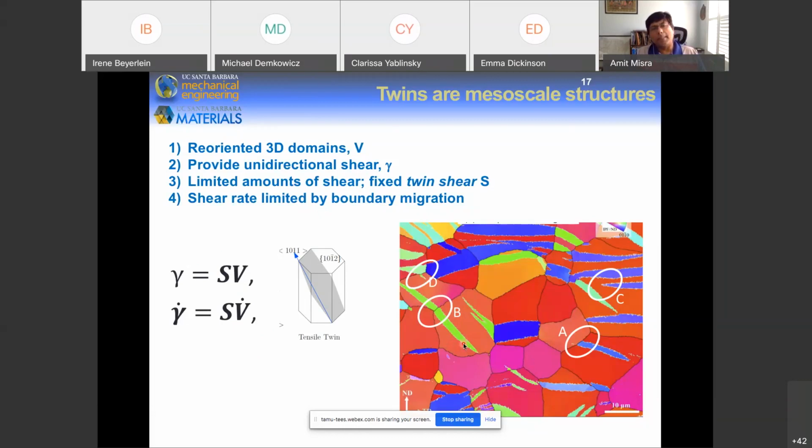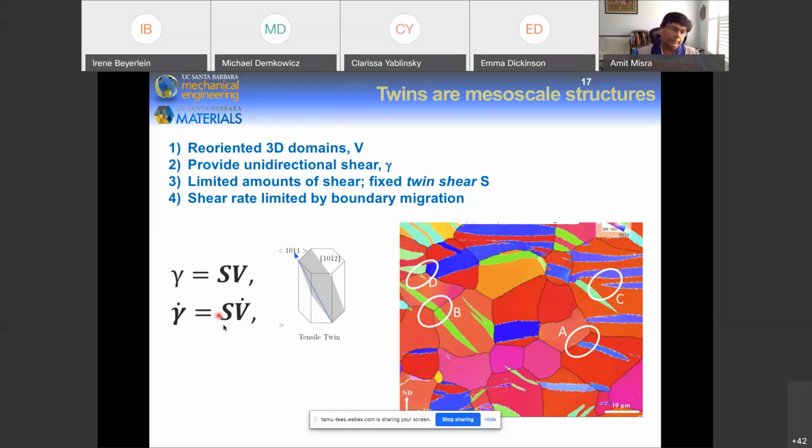They have to grow. So you can see here that this twin in particular has grown to be rather thick and is accommodating a lot of shear within this grain. This one, not so much, but the shear rate is dependent on that product of the twin shear and the change in its volume.